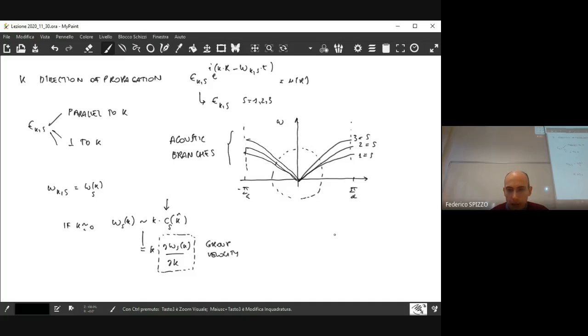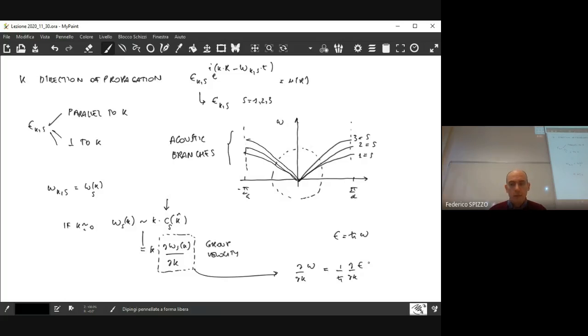So if we use that, the derivative with respect to k of omega is equal to 1 divided by h bar, times the derivative with respect to k of the energy. And if you remember, this is exactly the definition of speed for one electron.